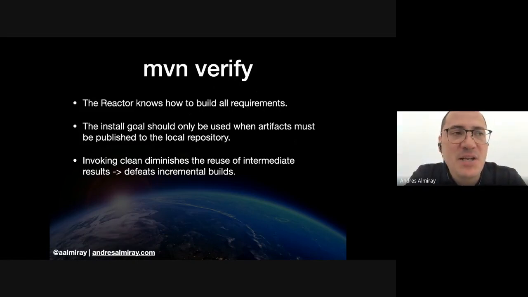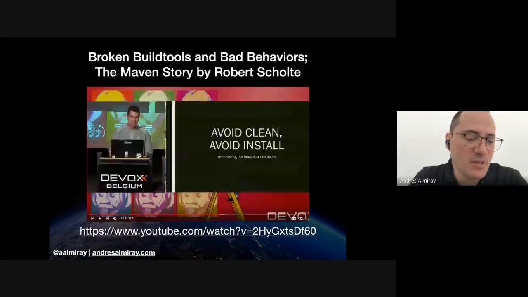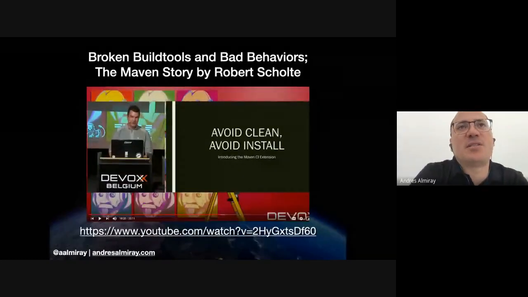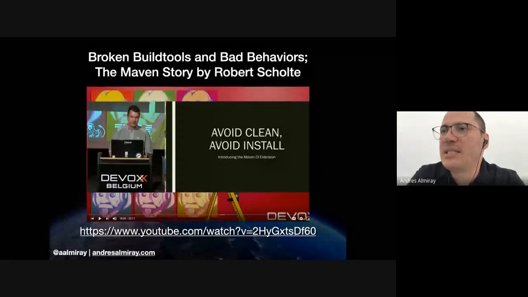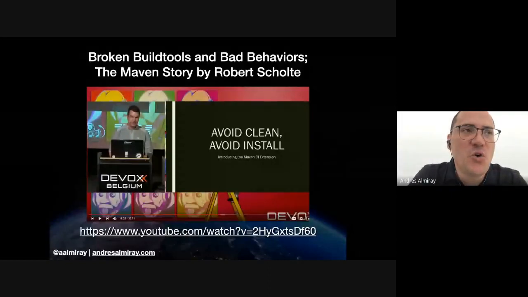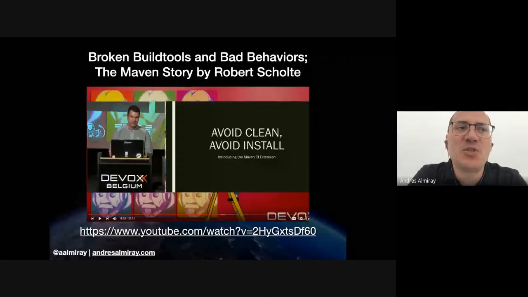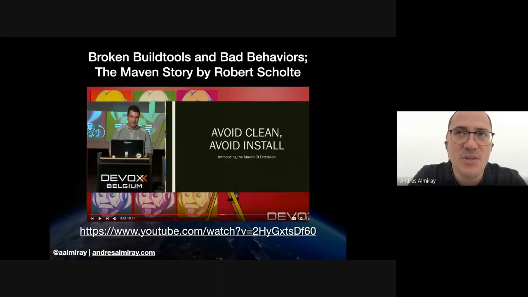If the plugins that you invoke, the goals that are invoked in your build, are aware of incremental build and can take advantage of the incremental build features, then your build will be faster. This is something that Robert showcases in another session at Devoxx 2019, where he shows some of the historical reasons between Maven 2 and Maven 3, and clean install and verify is one of those.